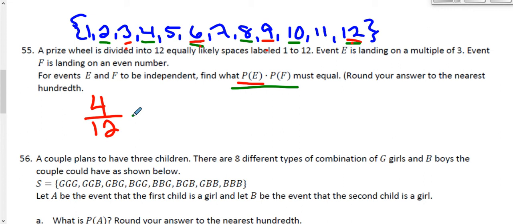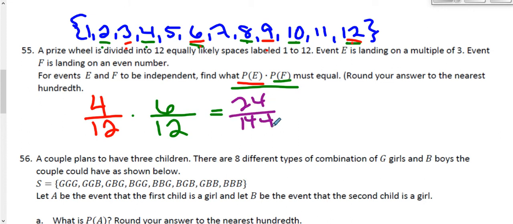We have to multiply that by the probability of F, which I did in green. So out of all the 12 spaces, how many of them are even numbers? 1, 2, 3, 4, 5, and 6. So this is 4 twelfths times 6 twelfths. If I multiply that across, 4 times 6 is 24, 12 times 12 is 144, which would be an unreduced fraction, but it actually wants my answer as a decimal, to the nearest hundredth.